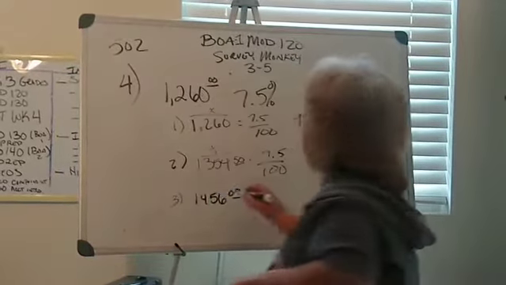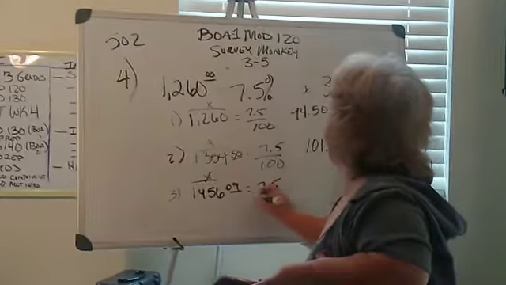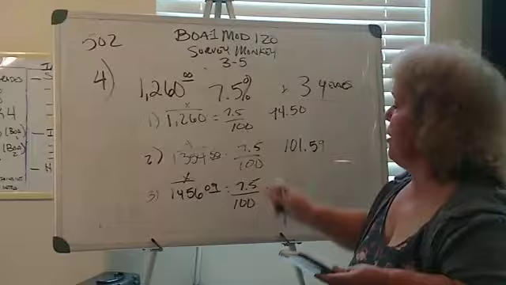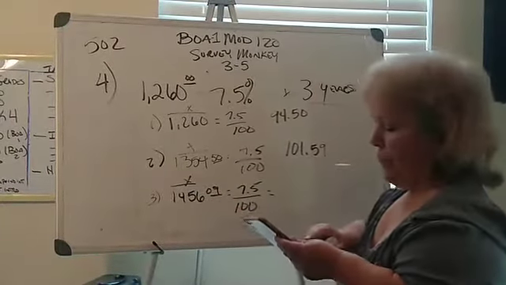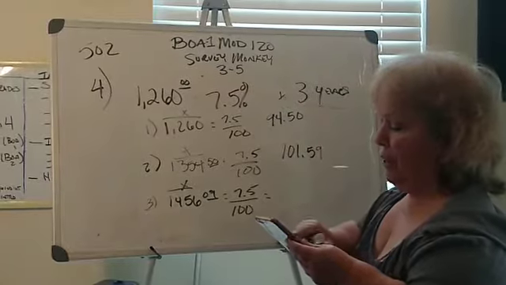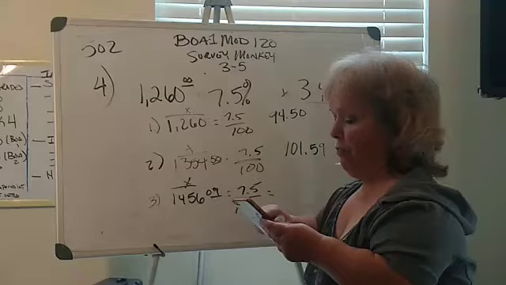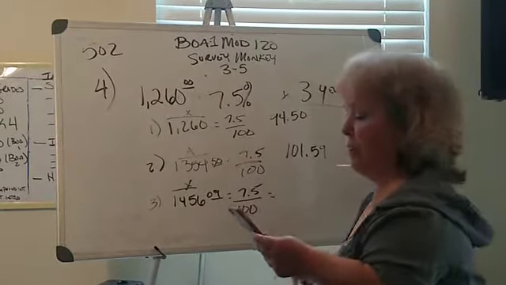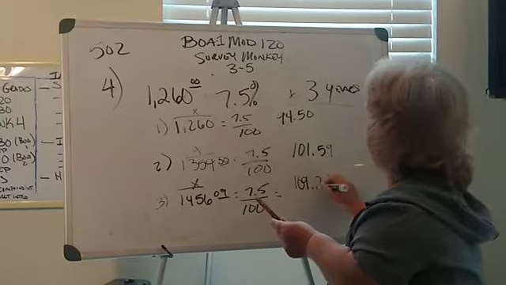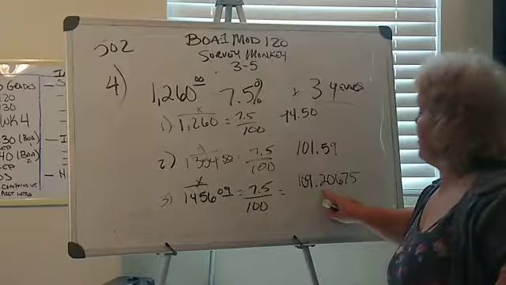Again, figure out what is 7.5% of that: 1,456.09 times 7.5 equals, divided by 100 equals 109.2675.